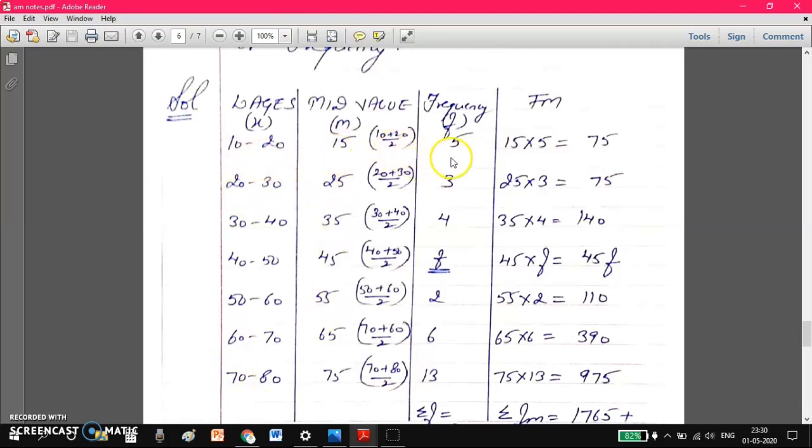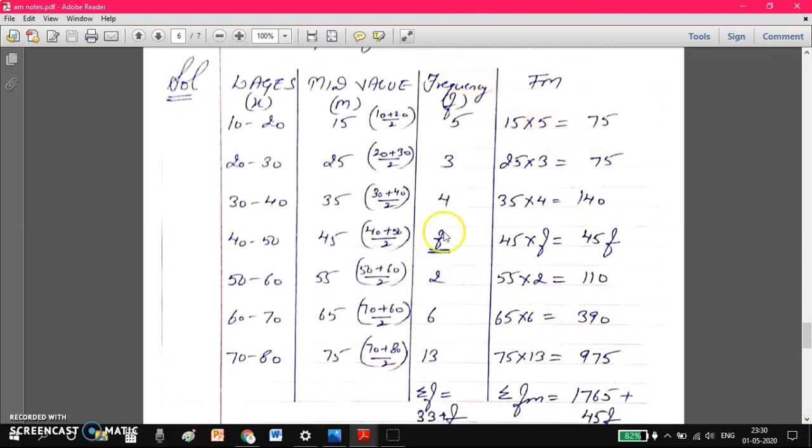After this, the frequency is given to us; instead of the question mark we'll write f, and when adding the whole series of f, we'll write plus f. Because we can't add an alphabet with a number, we'll write plus f. After having m and f, we'll multiply them. This is the direct formula we'll use here.